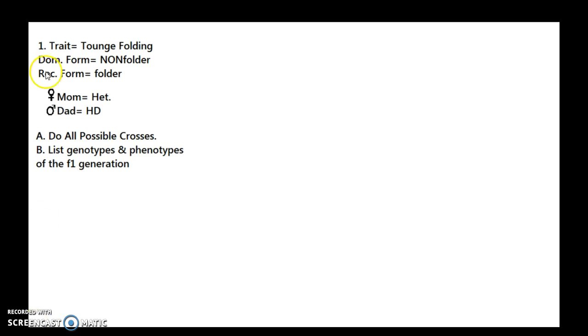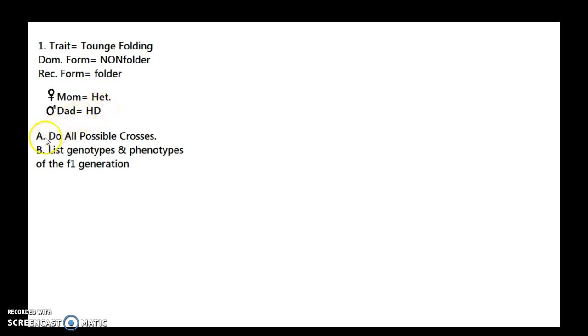So here I'm telling you that mom, which we represent with this symbol, the symbol for female, has a genotype of being heterozygous. And dad, this is the symbol for male, is homozygous dominant. So I'm giving you the two genotypes here.